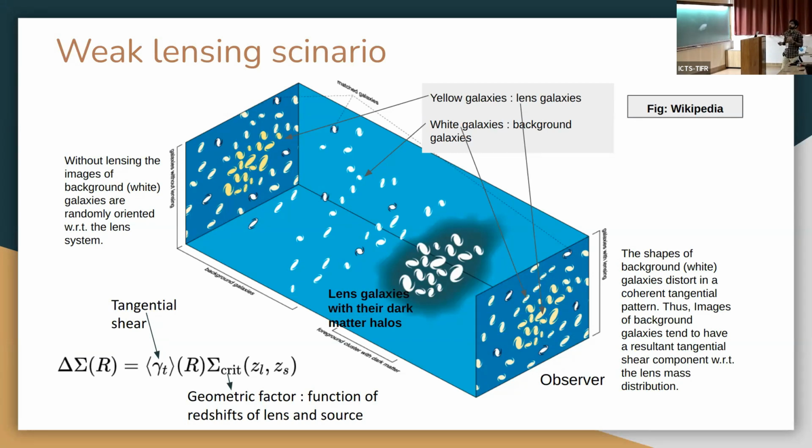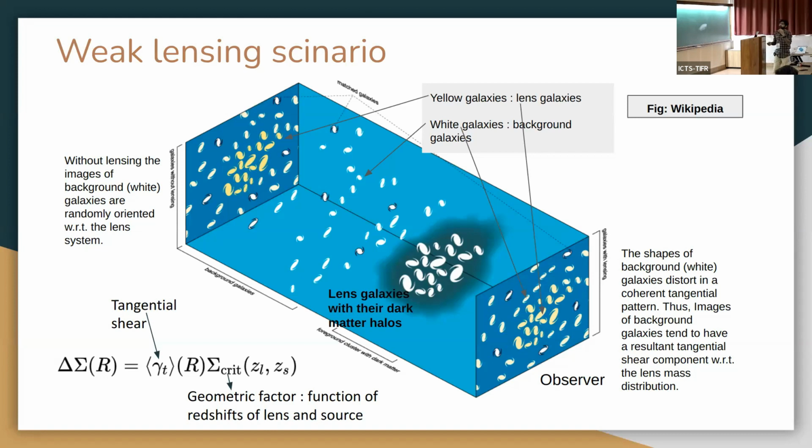You have to look at the planes here. This is the observer. There is some background. Let's think that there are some galaxies distributed at some redshift; we call them lenses. There will be some background galaxies behind them. This is the observed plane, and I'm showing you what happens if there is no weak lensing.